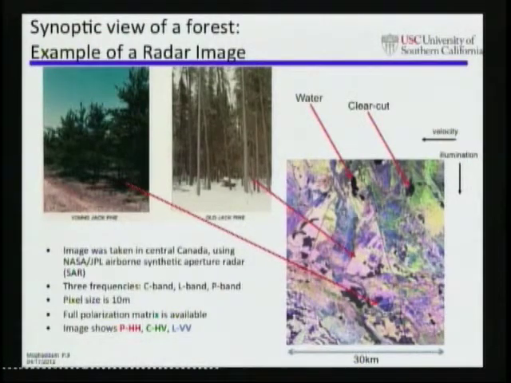Let's not really worry about that. I just wanted to show you this picture because it shows you the variety of landscape that you could have. Each type of landscape gives you a different radar backscatter level, and that becomes evident in the different colors that you see. For example, the bright area in the middle comes from this very tall pine stand.